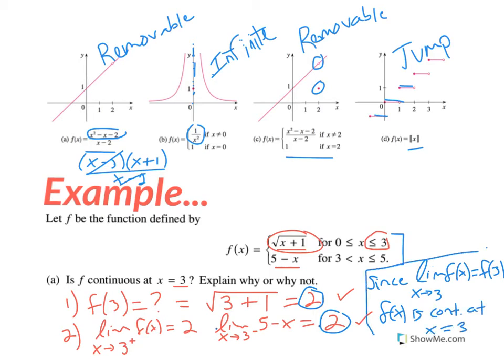Get in the habit of structurally writing that sentence at the end. And if it's discontinuous, the only difference is we'd say, since the limit is not equal to f of 3, then it's discontinuous at x equals 3. So the statement is kind of the same every time, it's just a matter of whether it's equal or not.